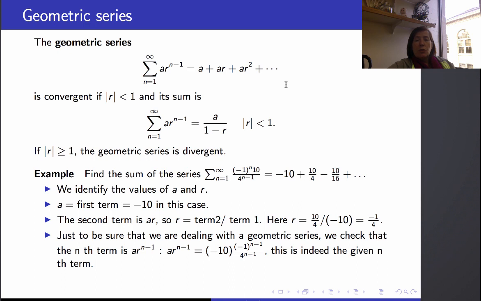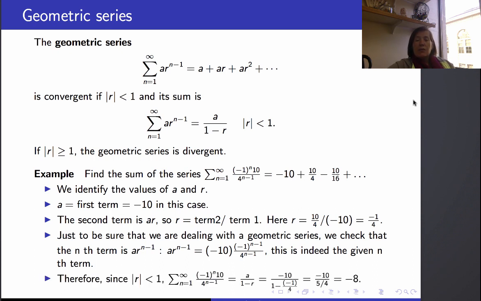And now, just to be sure that our geometric series is in the right form, we should calculate a times r to the n minus 1 and make sure it agrees with the formula given in the series. And sure enough, for our a equals minus 10 and r equals minus 1 over 4, a times r to the n minus 1 is minus 1 to the n times 10 over 4 to the n minus 1, which is the formula we're given for the nth term of the series.